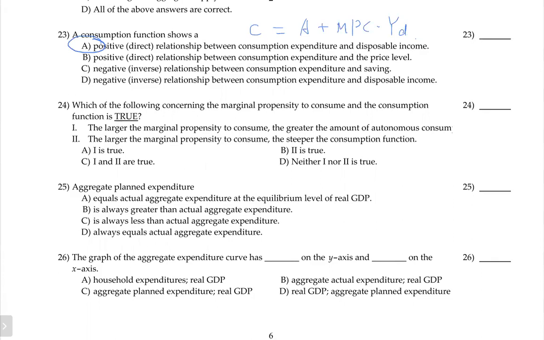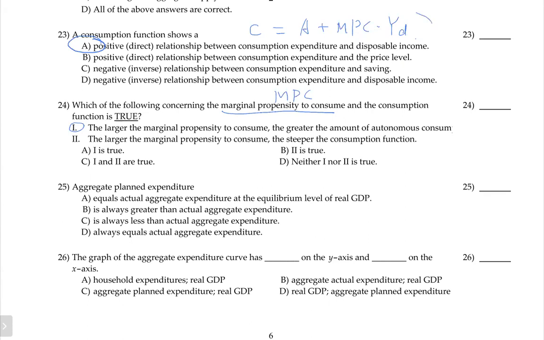So 24, which of the following concerning the MPC, the marginal propensity to consume, and the consumption function is true? Option 1, the larger the MPC, the greater the amount of autonomous consumption.